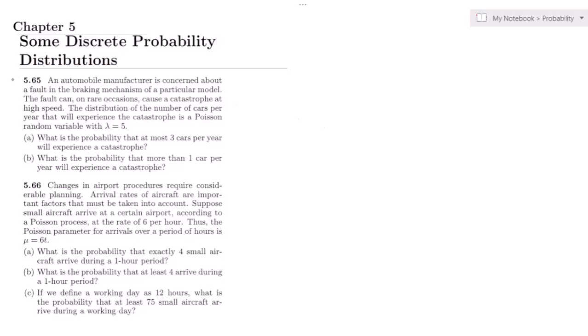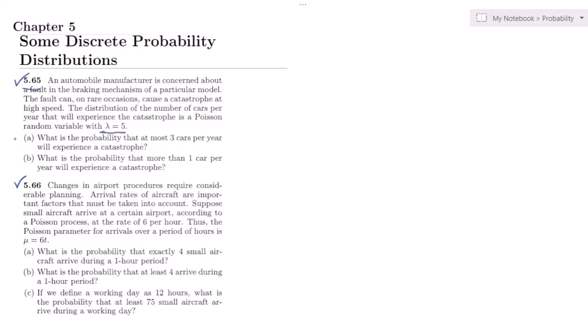This is question 5.65 and 5.66, and the statement of 5.65 is an automobile manufacturer is concerned about a fault in the braking mechanism of a particular model. The fault can, on rare occasions, cause a catastrophe at high speed. The distribution of the number of cars per year that will experience the catastrophe is a Poisson random variable with lambda equal to 5.